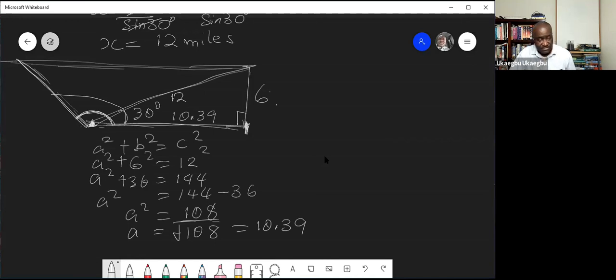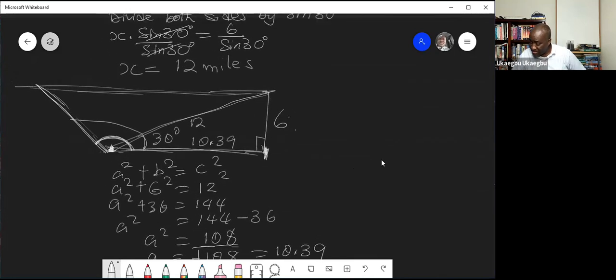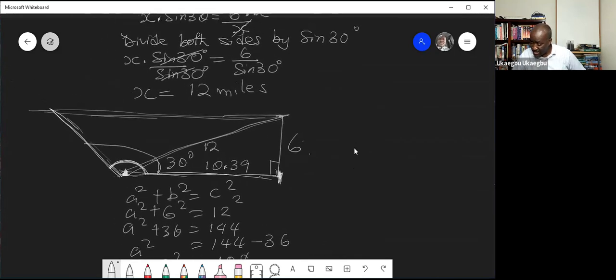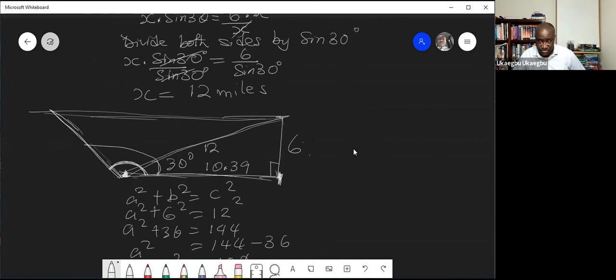Now look at the construction I am going to make on this diagram. From here, where that person is standing, to this point is 10.39. From here to here is 6. If you draw another altitude here, this is still going to be 6.